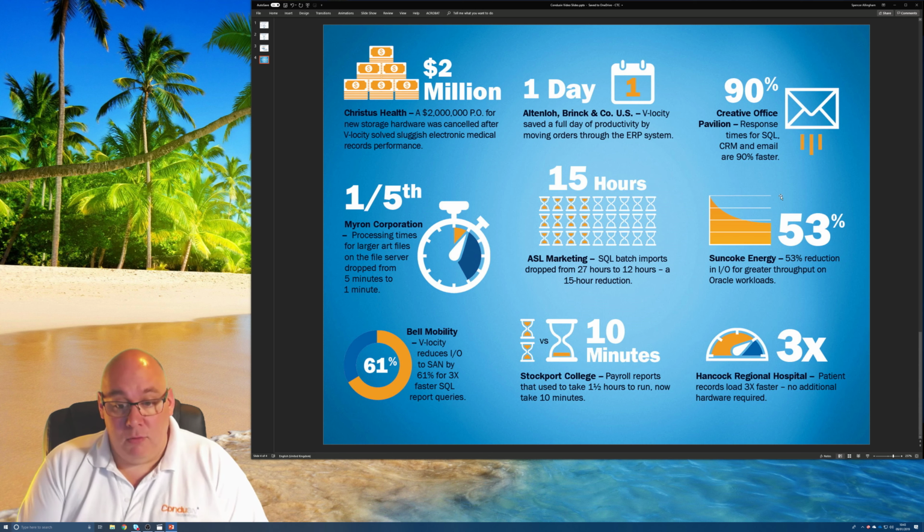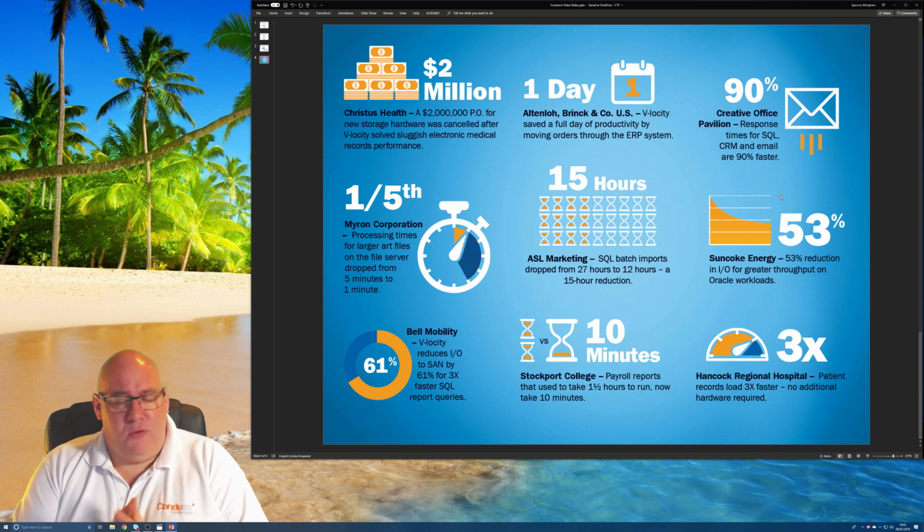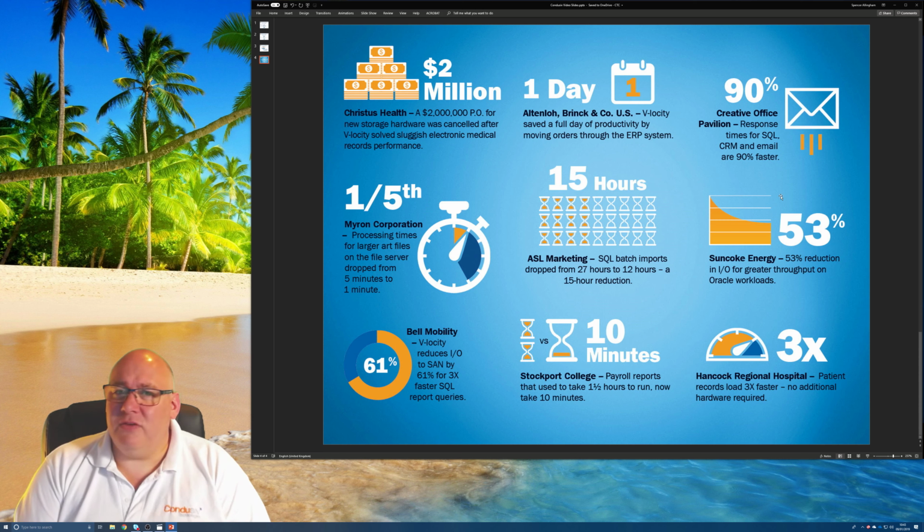If they're running in Windows, they will likely be generating a lot of storage traffic, and that's really where we can help. I'm not going to say it's a silver bullet for all types of workloads, because it's not. If you've got something like a DHCP server that's really not generating a great deal of storage I/O traffic, well, honestly, this software is not going to set the world alight there.